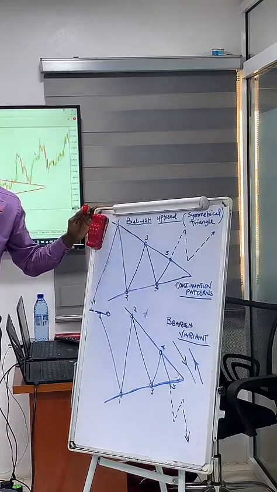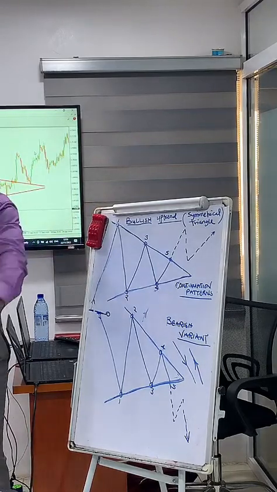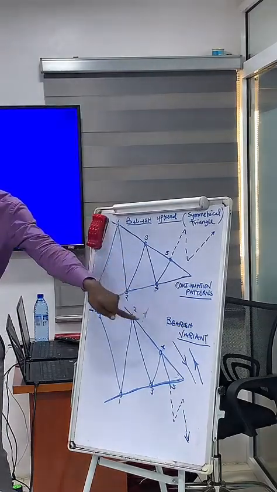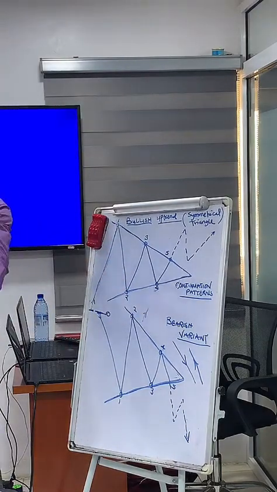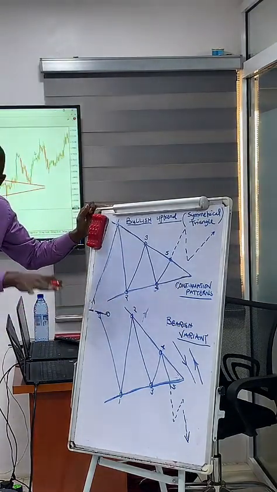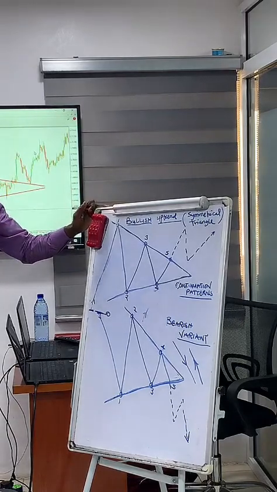Point 3, the next one. It's just like it is making successive lower highs. Okay? Yes, it's making successive lower highs, but it is simultaneously making successive higher lows.